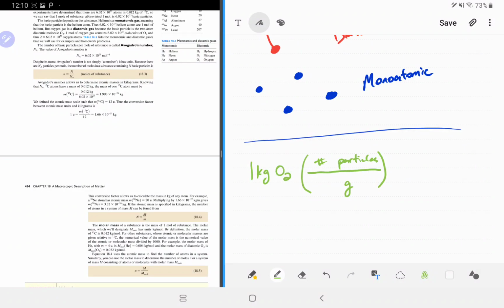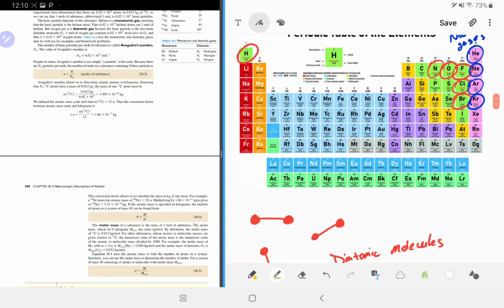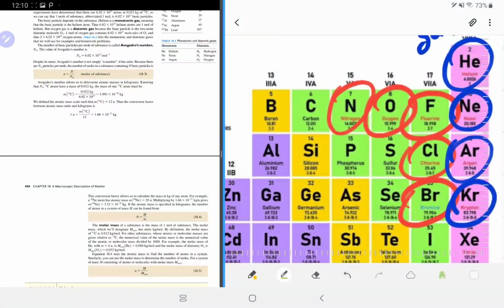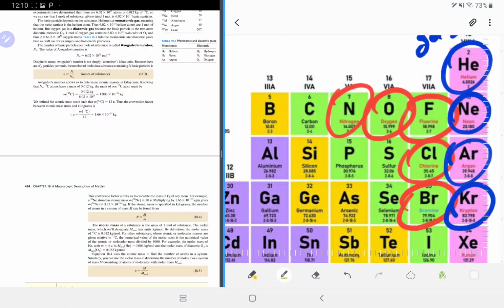For this relationship, we need to look at the periodic table, and we're going to focus on some of these numbers. For oxygen, see that number 15.999? We need to know what it means. That number there, oxygen 15.999, is how many grams per mole. There's 15.999 grams for every 1 mole of oxygen.